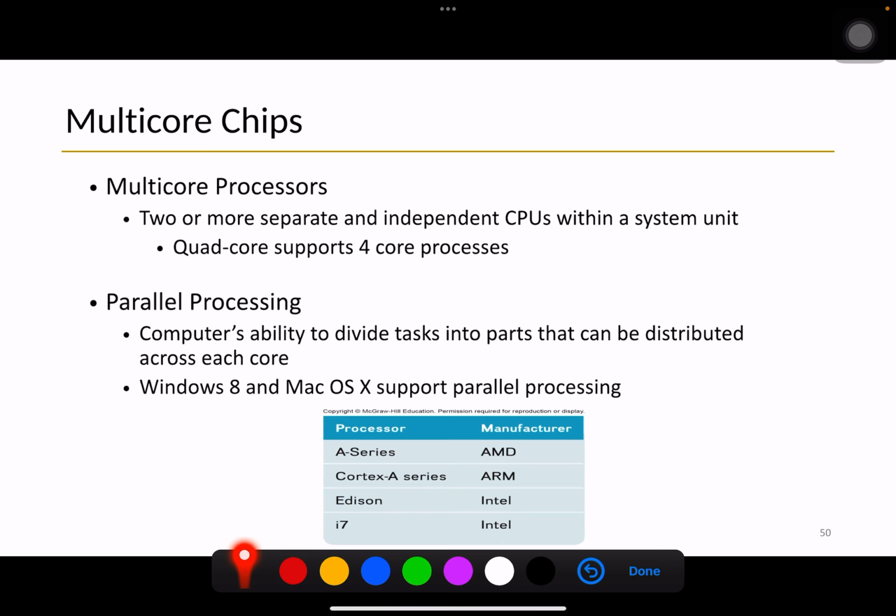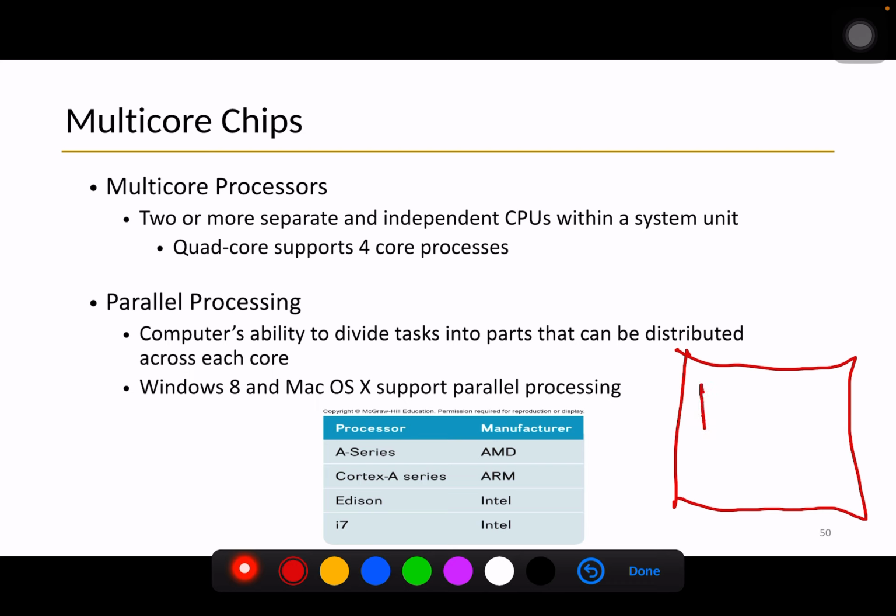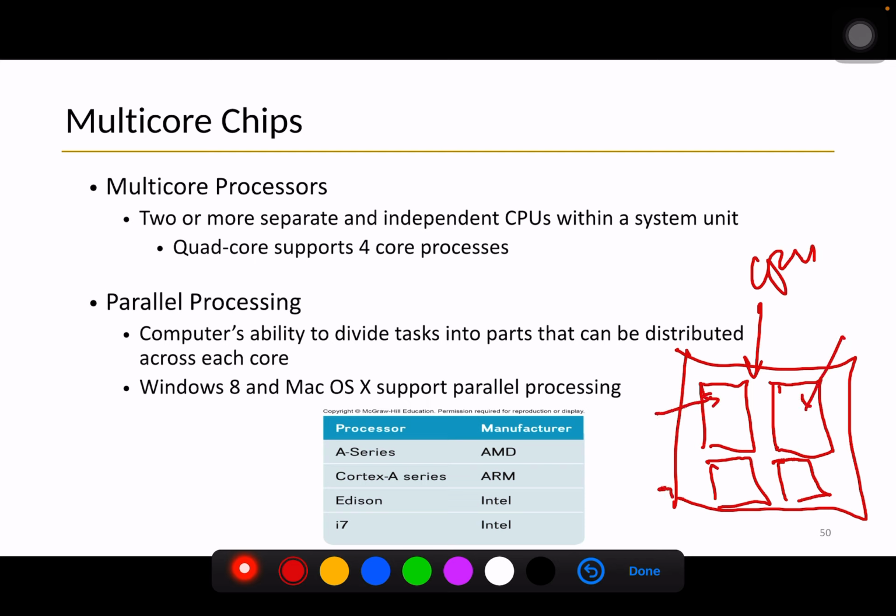Okay, multi-core chips. What are multi-core chips? In one processor, there are more small processors. For example, we have quad core. This is one CPU, but inside it there are sub CPUs too. Why do we need multi-core processing?